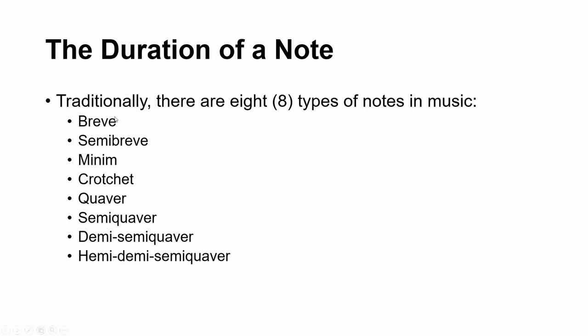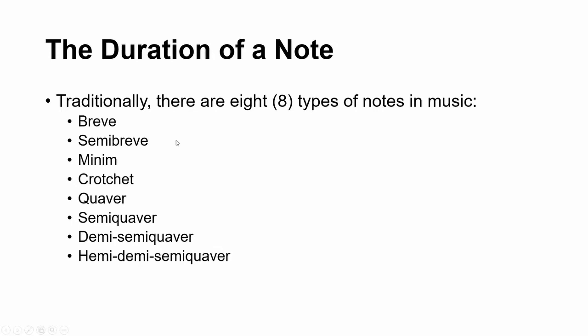Okay? So these are the 8 types of notes you'd see in music. The hemi-demi-semiquaver is not very common, but you would come across it in quite classical music, especially those very fast pieces of music. But generally in the GHS booklet, you generally find the semi-breve, the minim, the crotchet, the quaver, the semiquaver, and the demi-semiquaver.